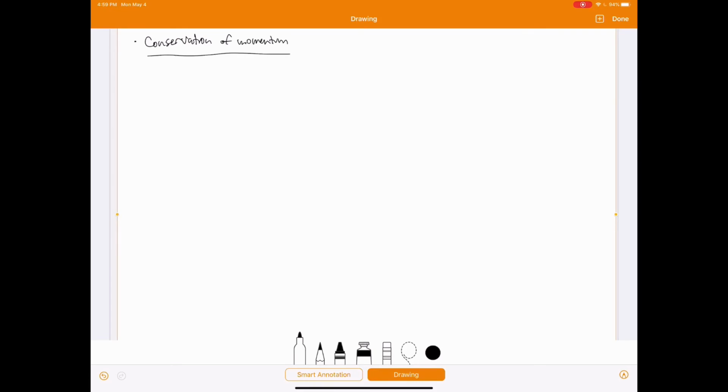So what is this all about? Well, the law of conservation of momentum says if there is no external force acting on a system, there we go, the momentum of that system will be conserved.